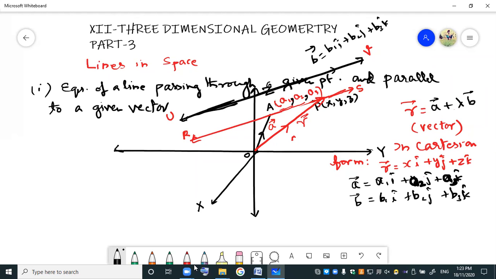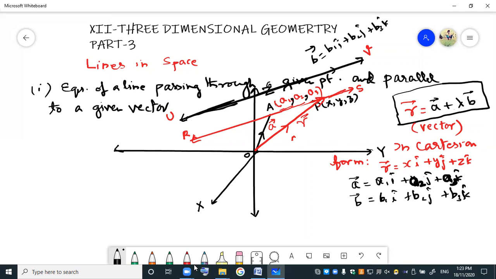That is, vector R will be equal to vector A plus lambda vector B, in vector form. In the question, generally they ask to write the equation in vector form and in Cartesian form, in both forms.